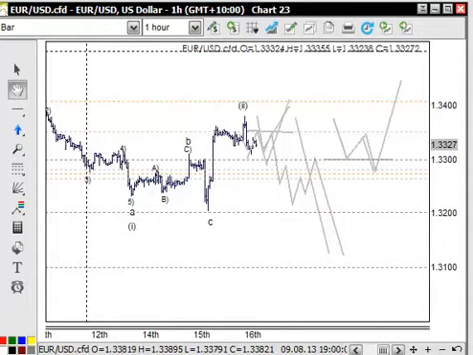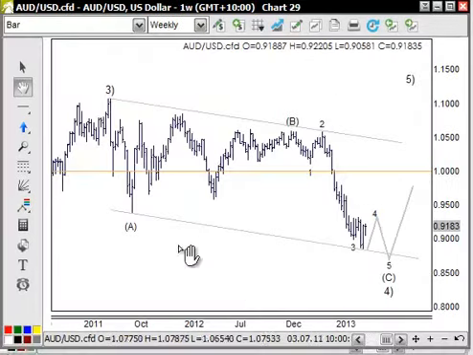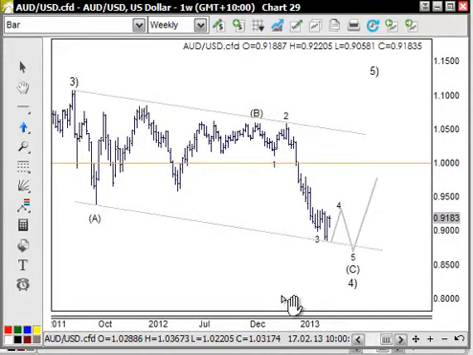Okay, the Australian market. This is just the weekly chart here, and I thought we'd start here. What we've been looking for is the completion of this leg to the downside here, and doing our best to count that. We still don't think that it's finished. This wave 5 is finished.